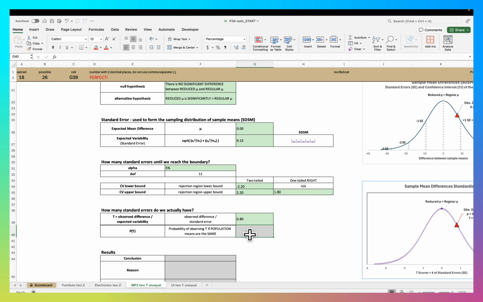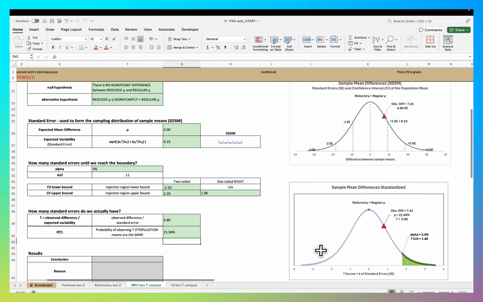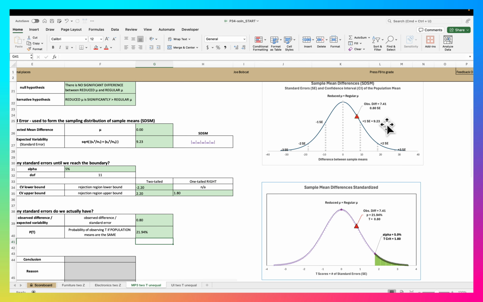And the probability of that is going to be T.DIST.RT, because remember it's right tail, x, and the degrees of freedom: 21.9%.